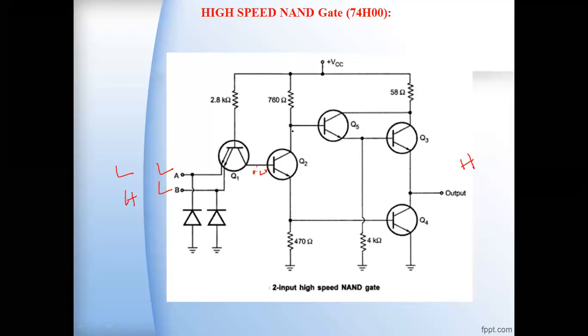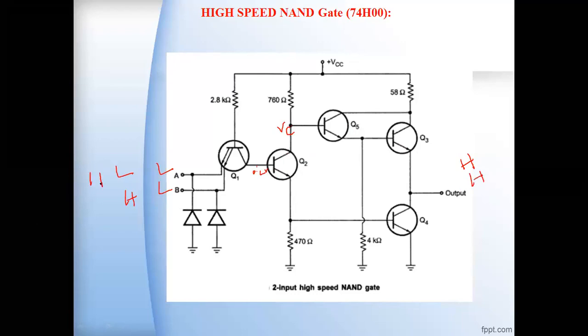But at the Q2 collector, because of VCC, there will be a voltage drop, and that again drives Q5 and Q3 on. So again, the output is set to high here.